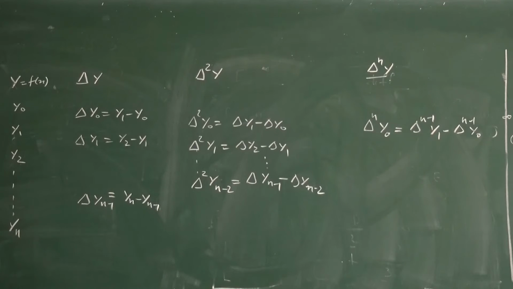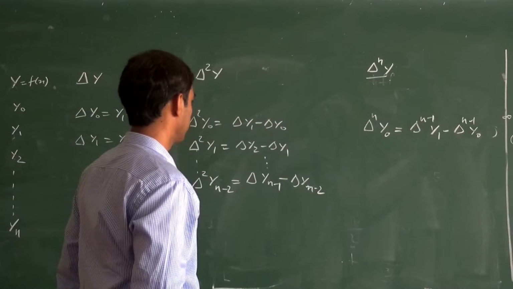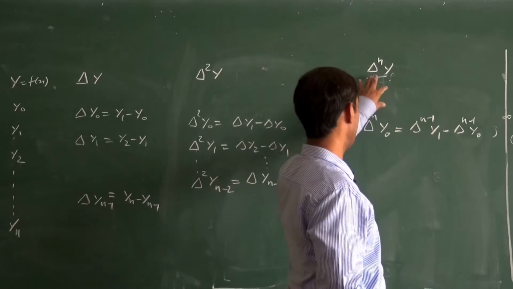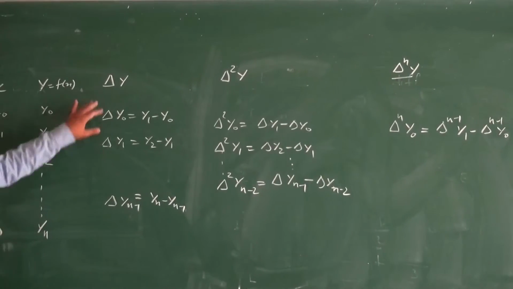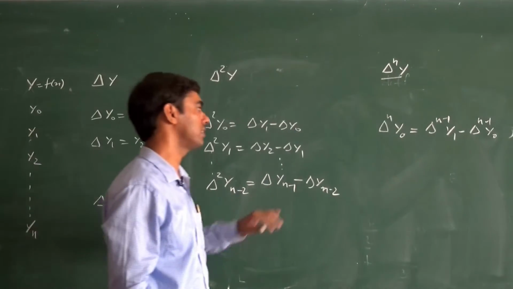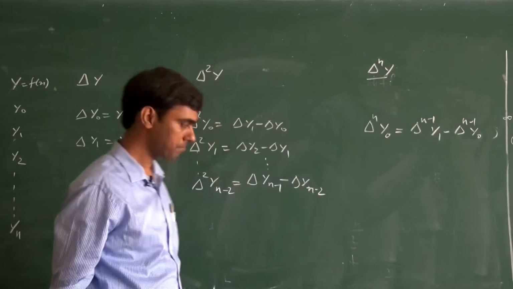So in this way we are able to find the nth order differences. This one is the first order difference, this one is the second order difference, this one is the third order difference, and this one is the nth order difference.